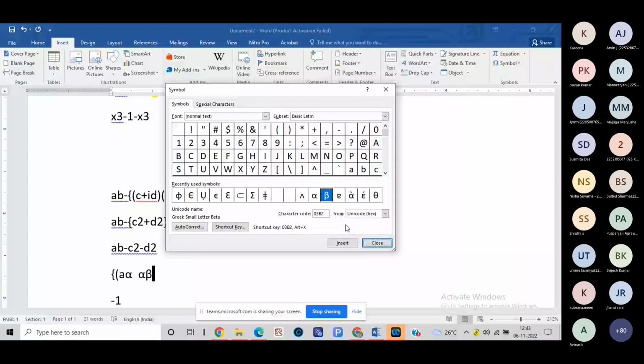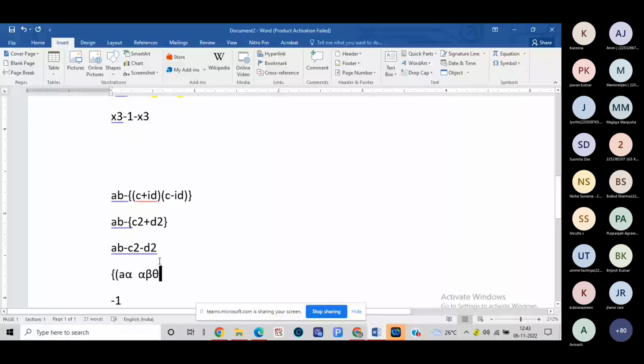AD into alpha gamma minus alpha beta, alpha gamma and beta, minus BC, we'll get both the common term. I got stuck, ma'am. I also got stuck to identify alpha, beta, gamma.